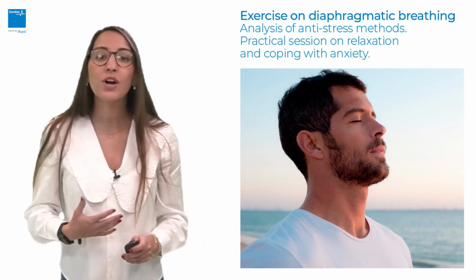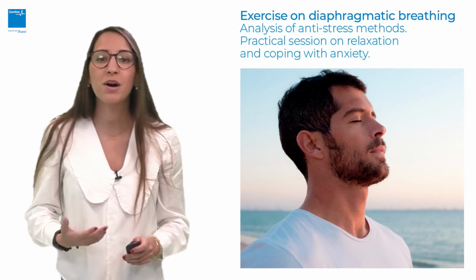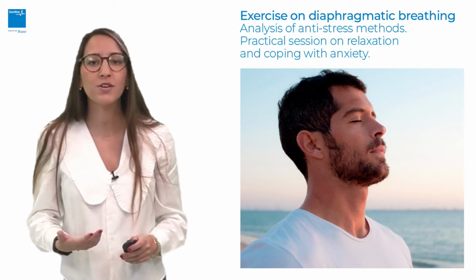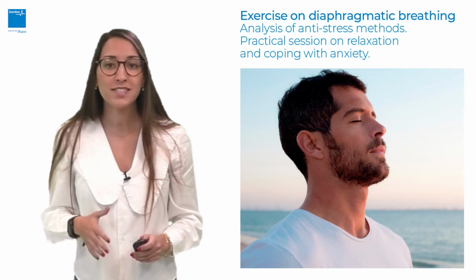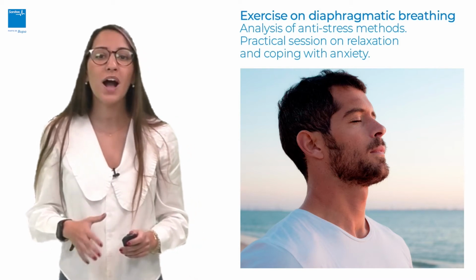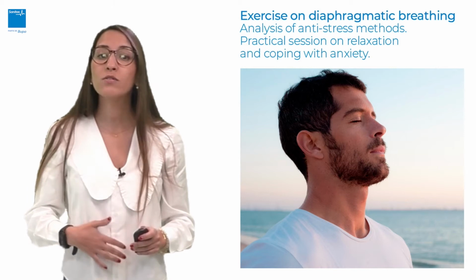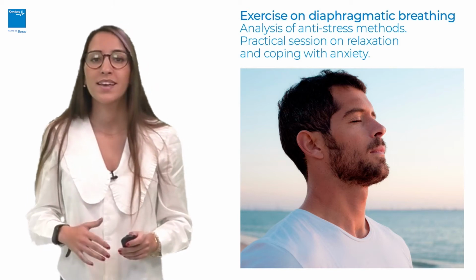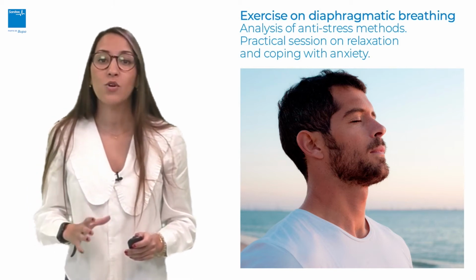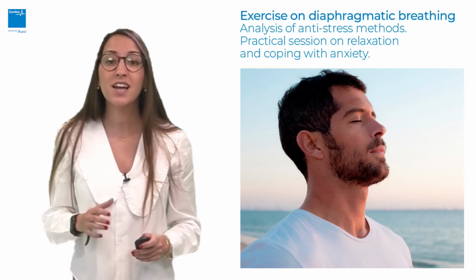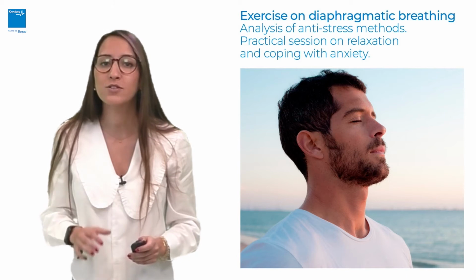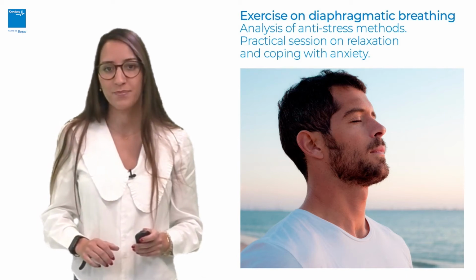Diaphragmatic breathing will help us to regulate the amount of oxygen we are breathing in. When performing diaphragmatic breathing, we move our abdomen and all that it contains. This stimulates our vagus nerve, which is responsible for activating our parasympathetic autonomic nervous system.